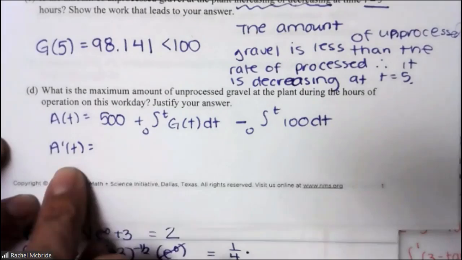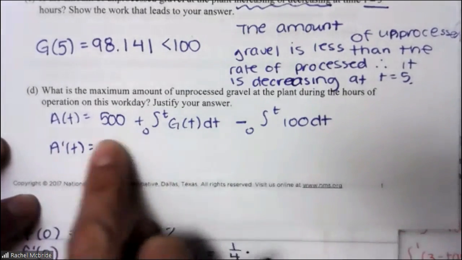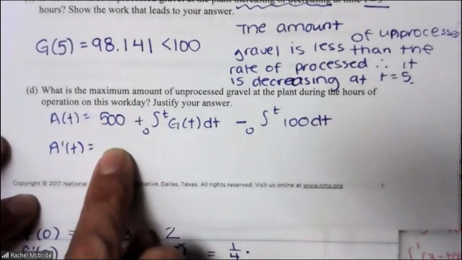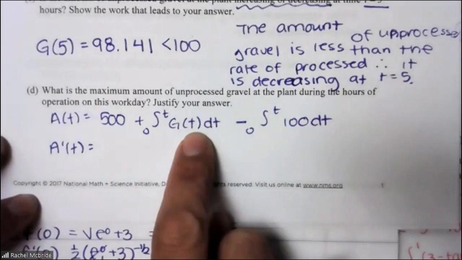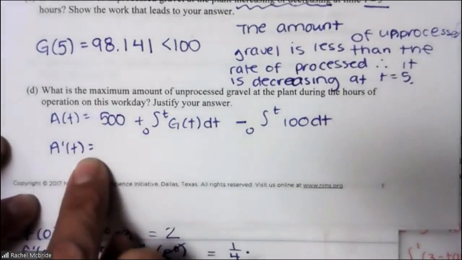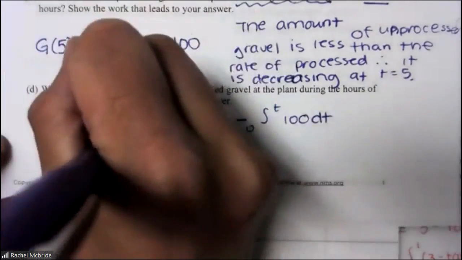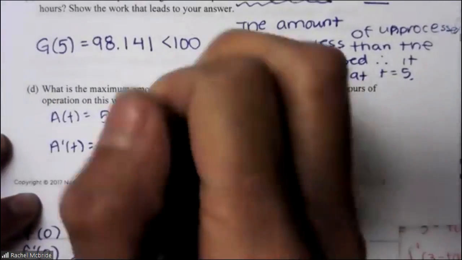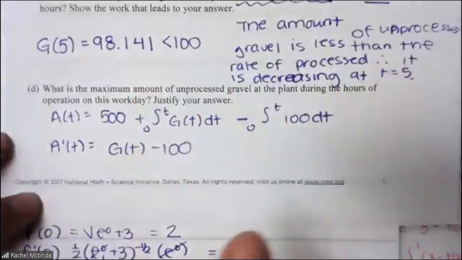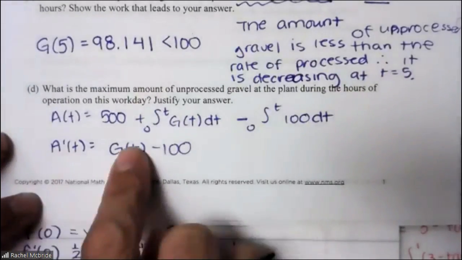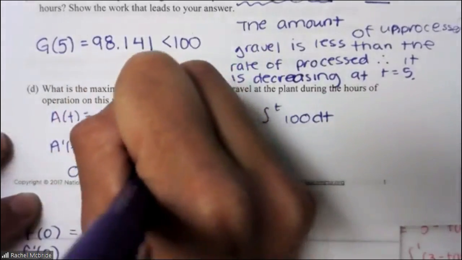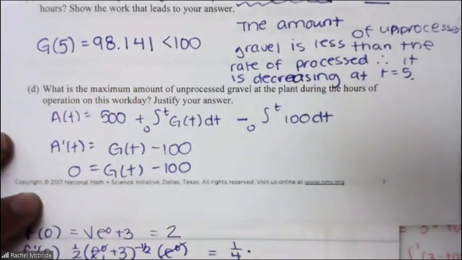If I want to know the max, I want to know when this is equal to 0. So that's the derivative. Derivative of 500 is 0. The derivative of the integral is a function. And the derivative of the integral is the function. So I want to know when g of t is equal to essentially 100.